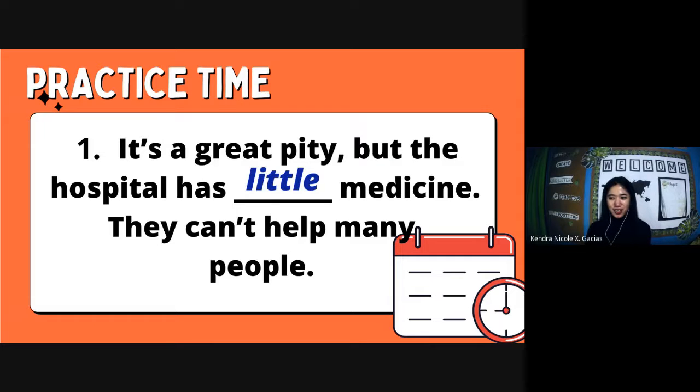Mena, your answer is little, and you are correct. This statement expresses a negative feeling. There is little medicine, so they can't help many people. All right, let's have the second one.